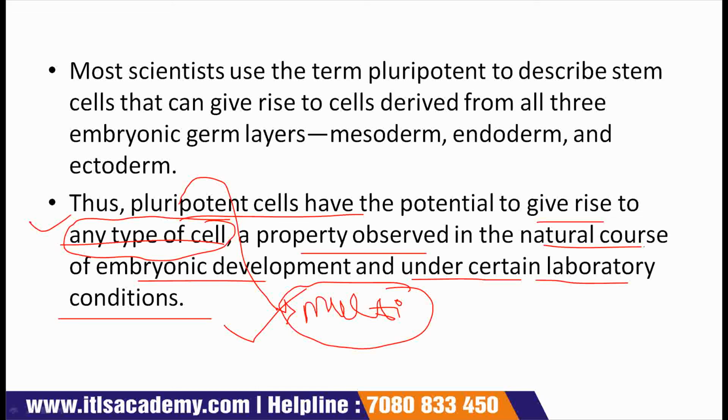But multipotent cells can develop into more than one cell type but are more limited than pluripotent cells. Adult stem cells and cord blood stem cells are considered multipotent.